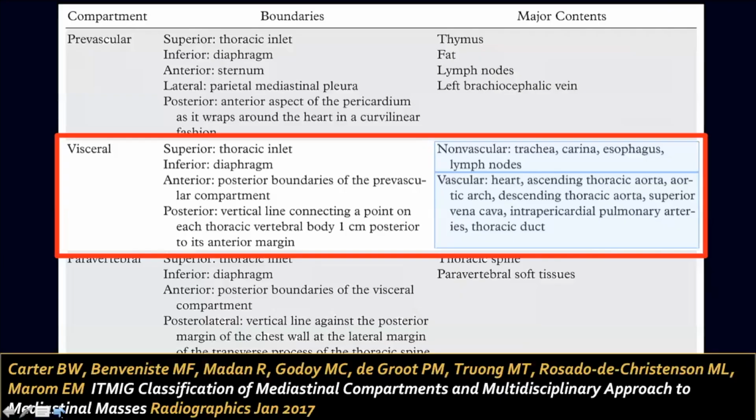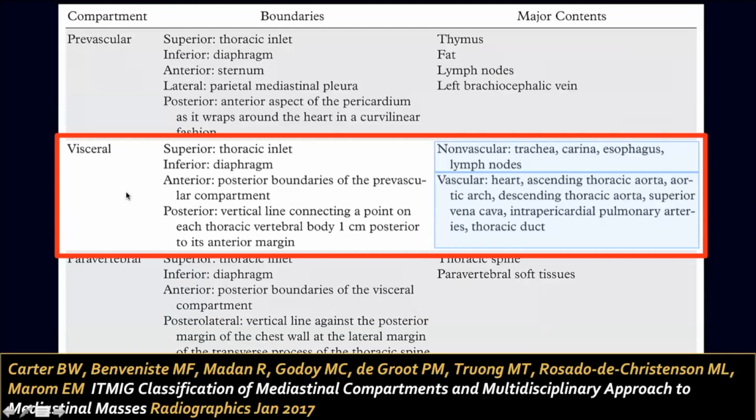Now, you may be familiar with some classification systems of the mediastinum, and what I'll be focusing on today is a CT-based classification system which was proposed by the International Thymic Malignancy Interest Group a couple of years ago.